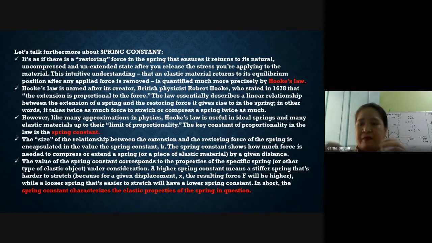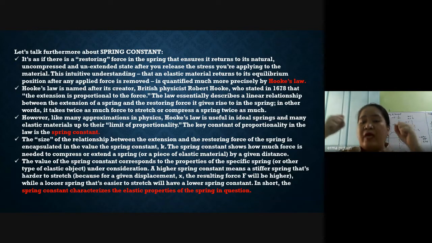Spring, binatak mo. So the greater yung force na i-apply mo para mabatak siya, the more na mababatak yung spring. Diba? Pero the lesser the force na i-apply mo dun sa spring, definitely hindi din siya masyadong mababatak. Okay? So yun yung sinasabi natin na the extension is proportional to the force.